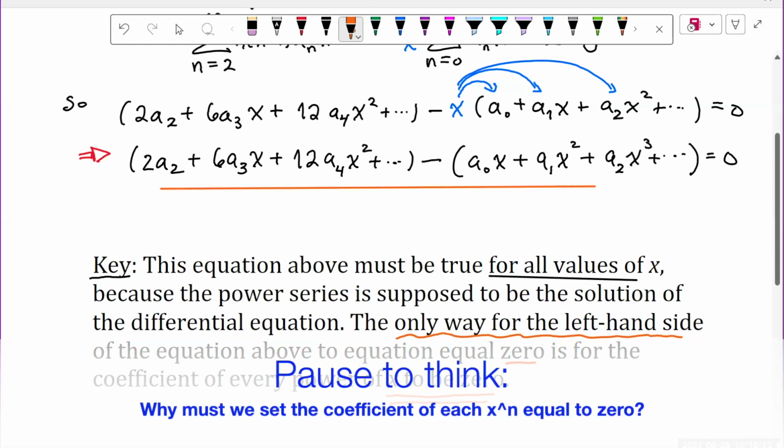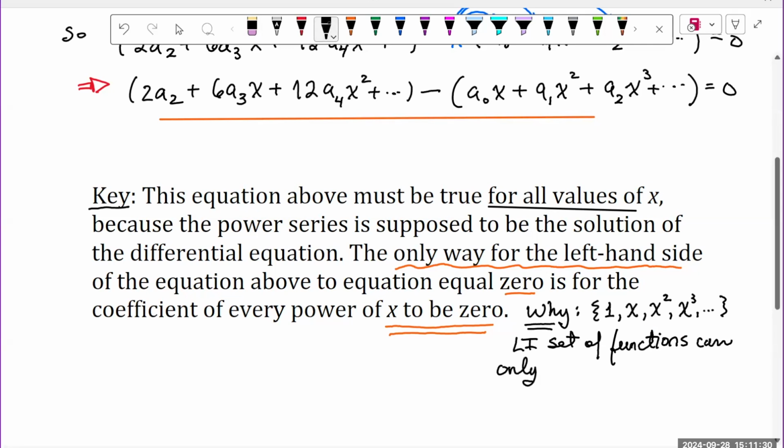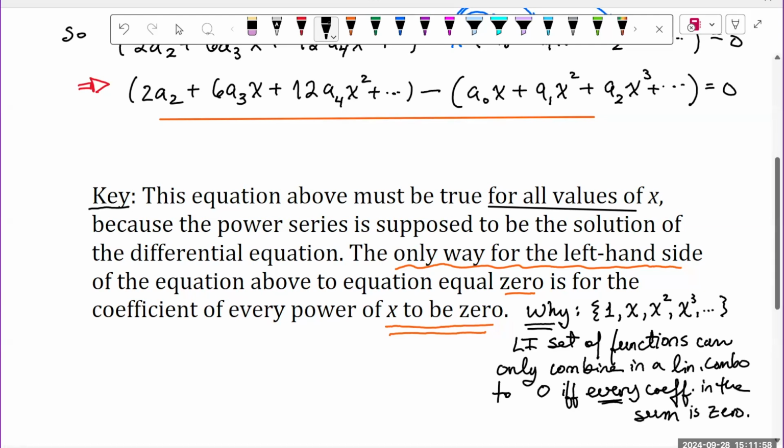So pause for a second and think about why that would be. Here's the reasoning. Why does every coefficient have to be 0? The set of functions that we are summing together is a linearly independent set. And so if we are going to sum these functions and make that sum be 0, the only way to do that with a linearly independent set of functions is to force every coefficient to be 0. That is our definition of linear independence.